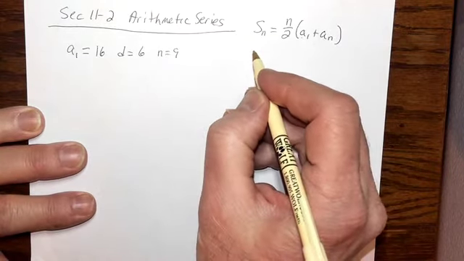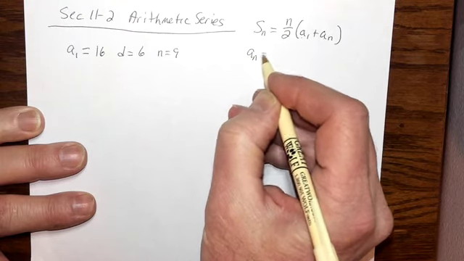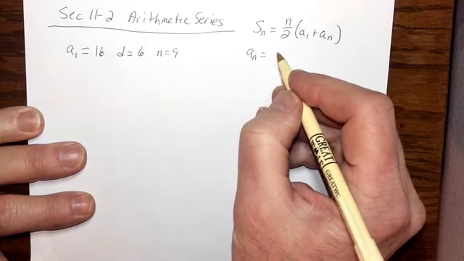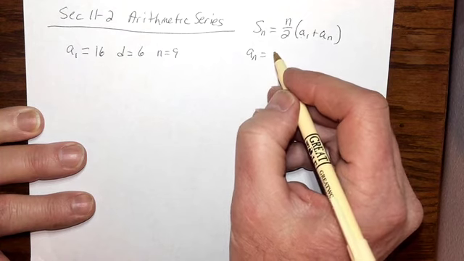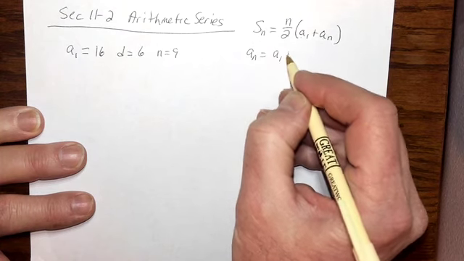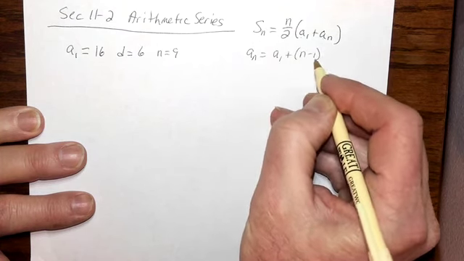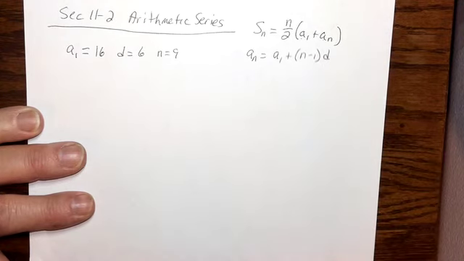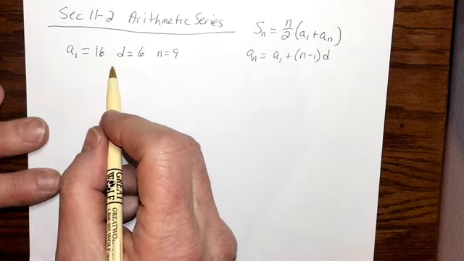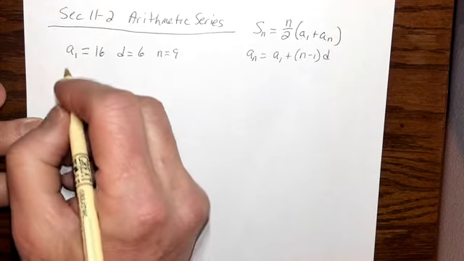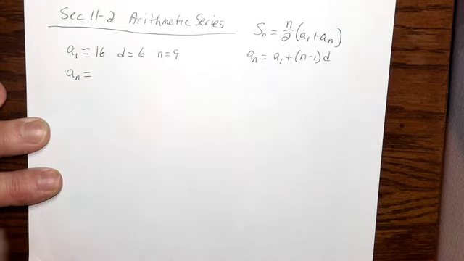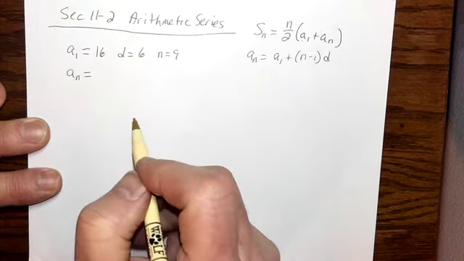So how do we go about finding what a sub n is so that we can figure out the sum? Well, in section 11.1, there was a formula for a sub n, the last term of a sequence. It is just the first term plus n minus 1 times d. So I'm going to find a sub 9 in this case. I'm still going to call it a sub n, but it's the ninth term.